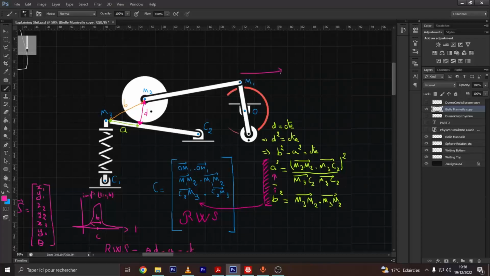I can give some initial velocity to this point m1, but I don't know how to calculate the initial velocity for m2, and it should be according to my constraint. So I don't know what to do with this, and therefore I just keep the initial velocity equal to 0, 0, 0, all of that, and then I set up my initial positions according to this.